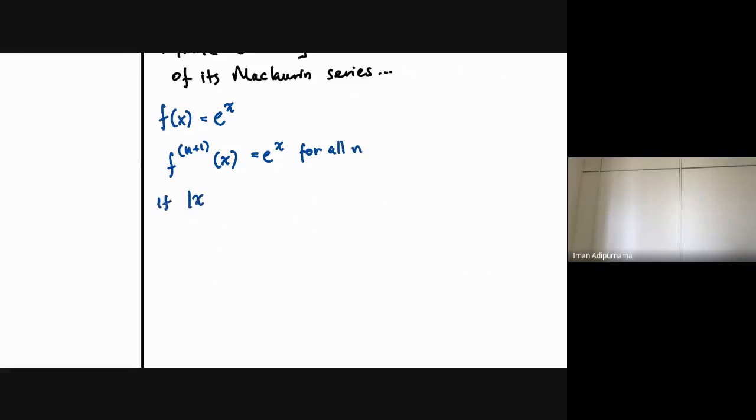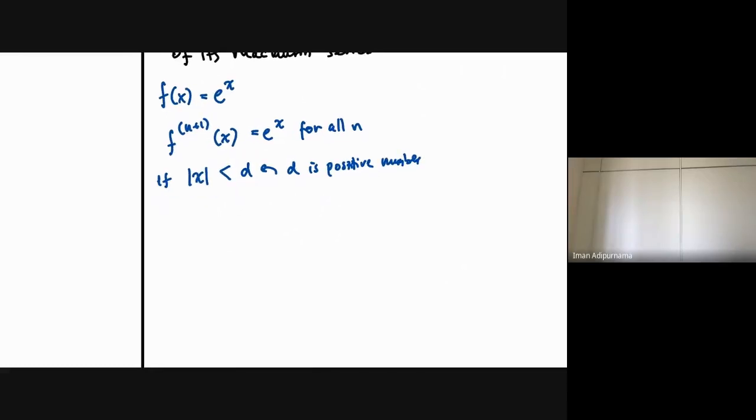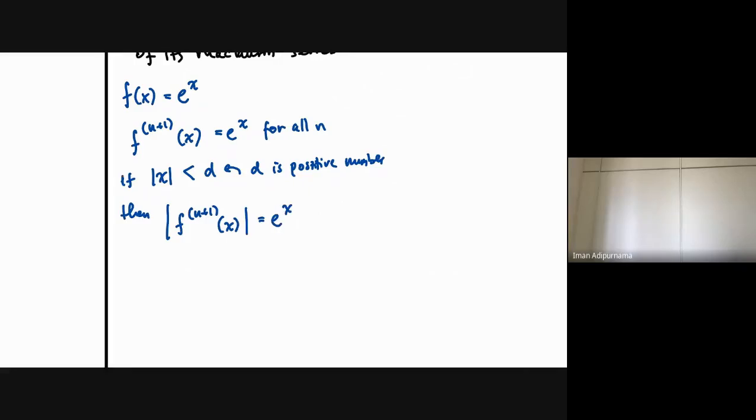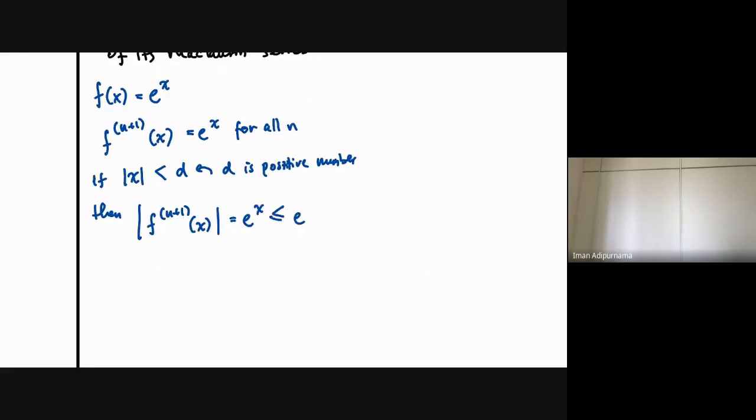So if |x| is less than d, because a is 0, this is Maclaurin, and d is a positive number, then f, which is e to the x, is less than or equal to e to the d.